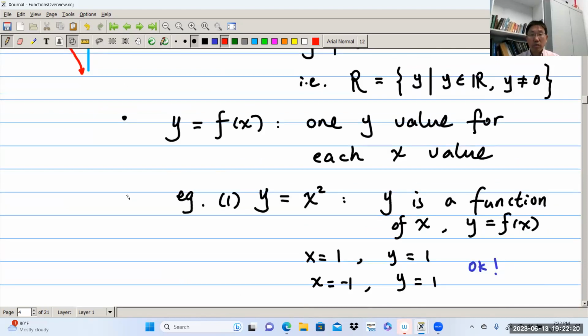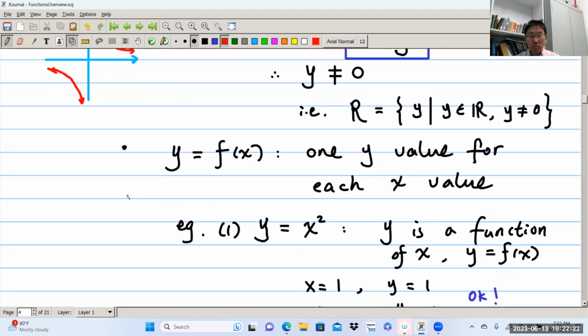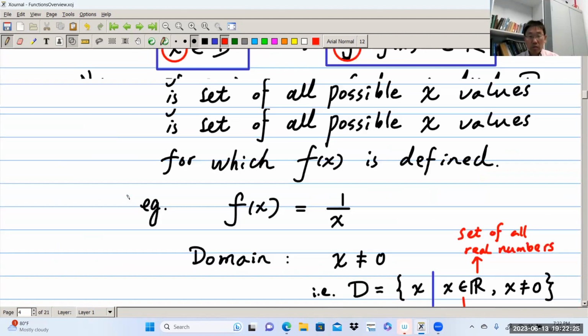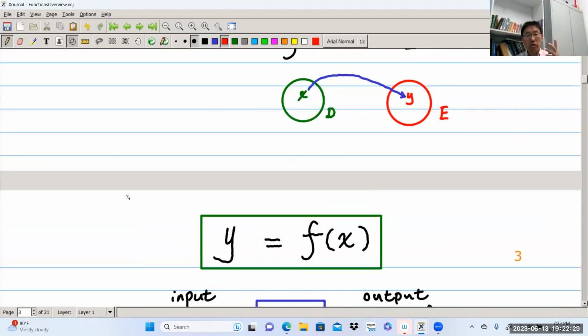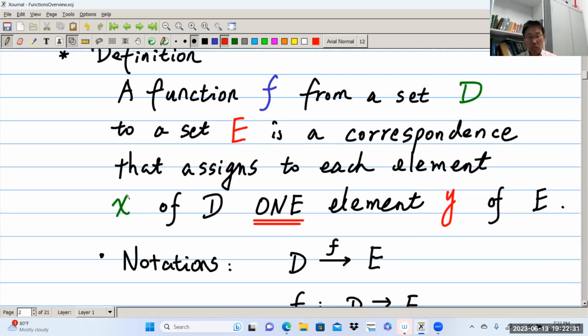So when we read the definition of a function, keep in mind, pay attention to this key word here. This machine or this function f assigns each element in the domain how many elements in the range? 1.